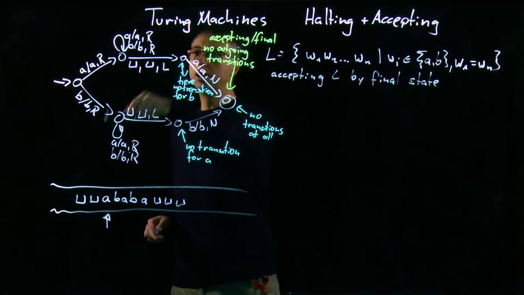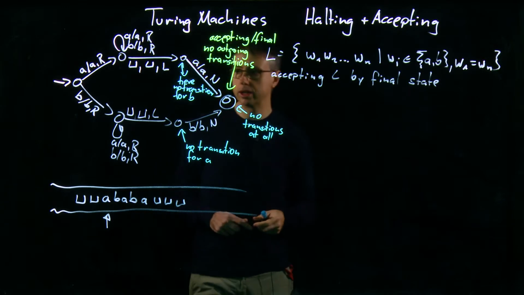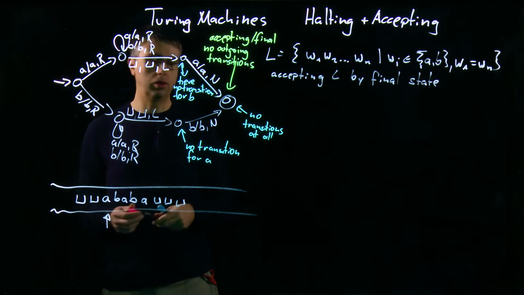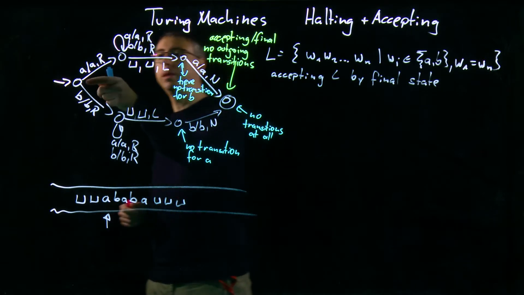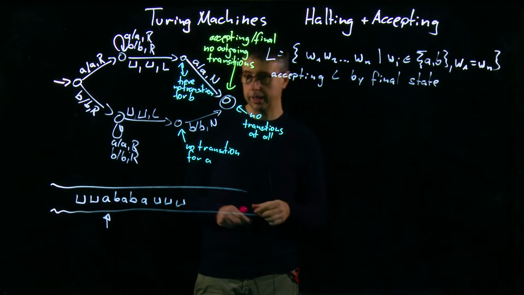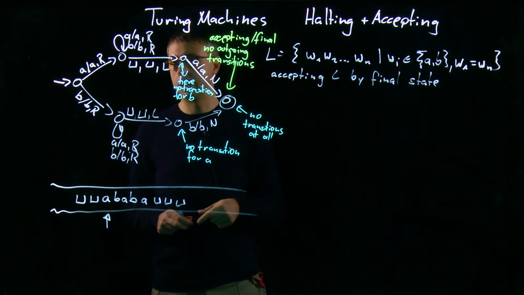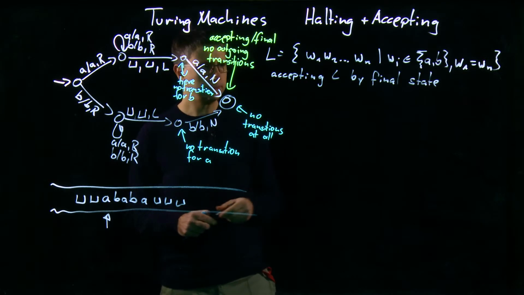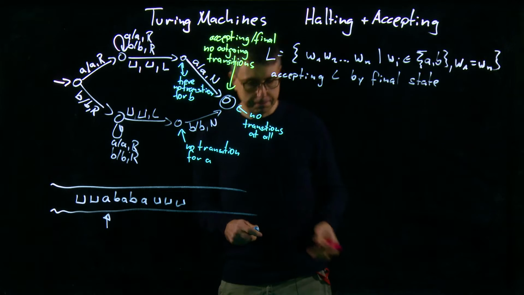In all the other states, we have outgoing edges for all the possible inputs, except here, the empty word, there is no actual outgoing edge. Okay.